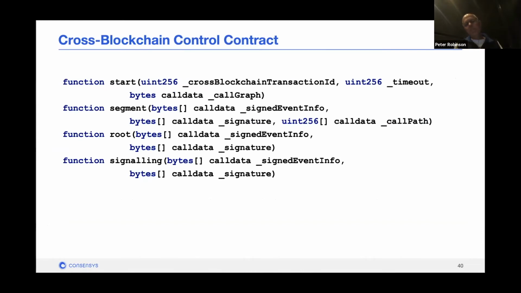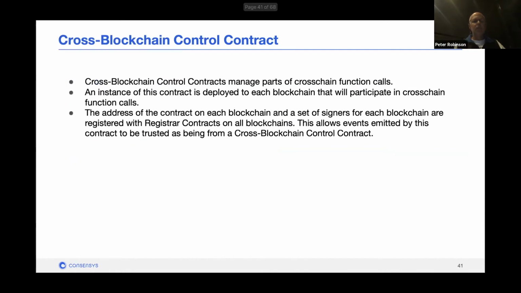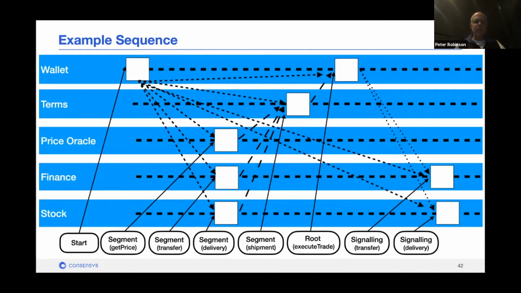All of this is brought together in what's called the cross-blockchain control contract, which has these entry point functions, and you're essentially using it as a proxy for actually calling the real business logic code. What you do is something along the lines of this example sequence.